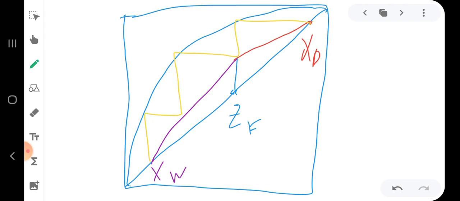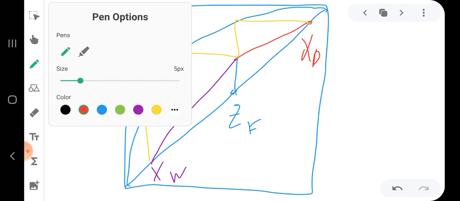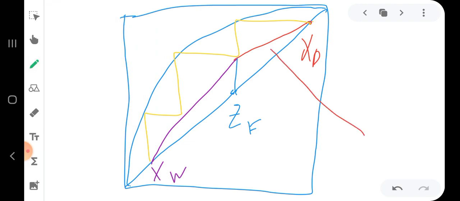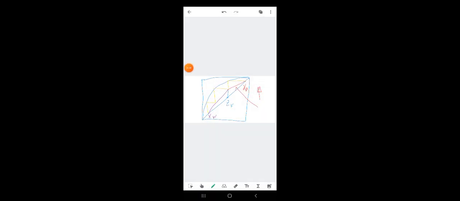But just imagine this red line, which represents the top section operating line. What will happen if we move this line upward? Let's see what will happen.